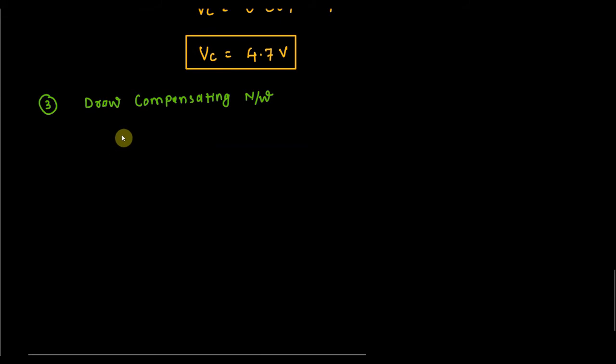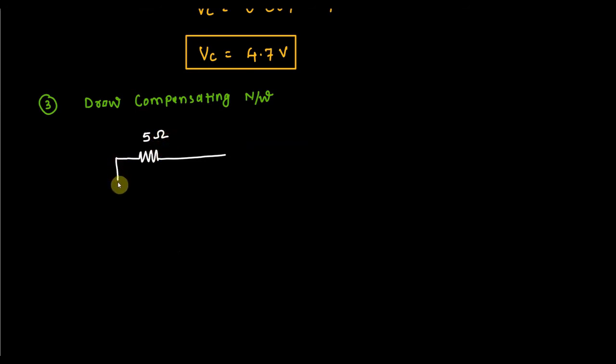So I will draw the network first. This will be the 5 ohm. This is that 7-volt source which is a short circuit. We have one resistance here whose value is 6 ohm.